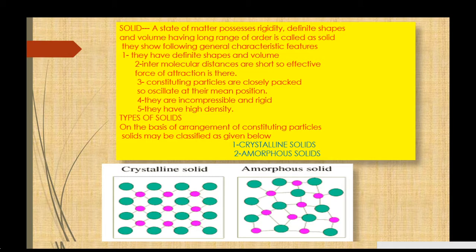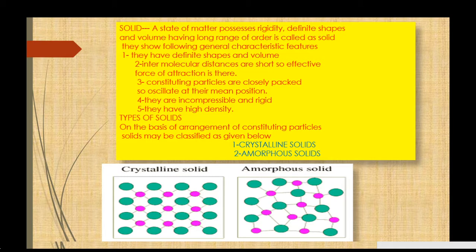The one category is called crystalline, and the second category is amorphous solid. One is the true solid, which is also called crystalline solid, and the second one is the pseudo solid, which is also called amorphous solid.